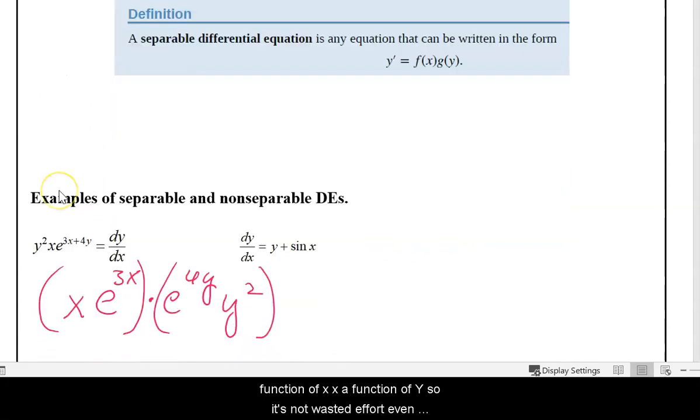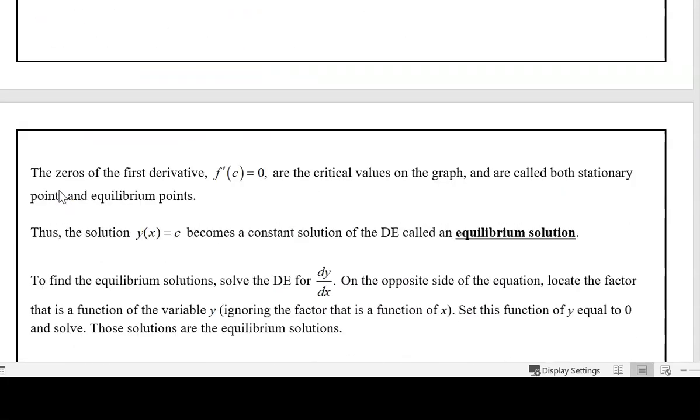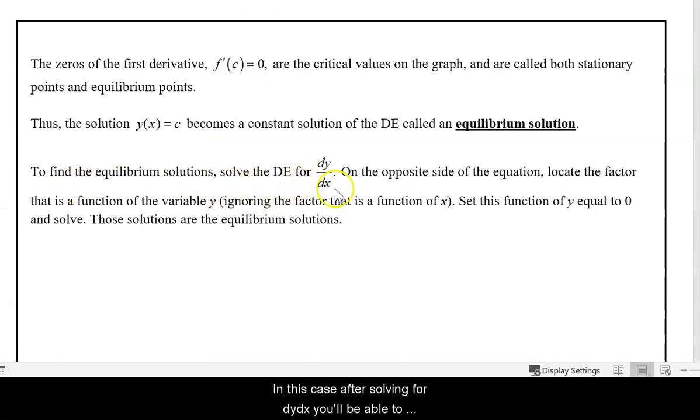So it's not wasted effort, even if you don't find one. After solving for dy dx, you'll be able to determine whether or not the opposite side is the product of a function of x times a function of y. If it is, you'll be able to separate to find the other solutions.